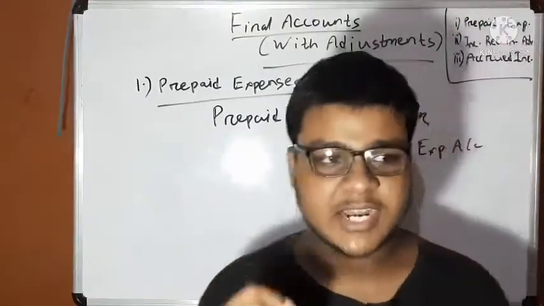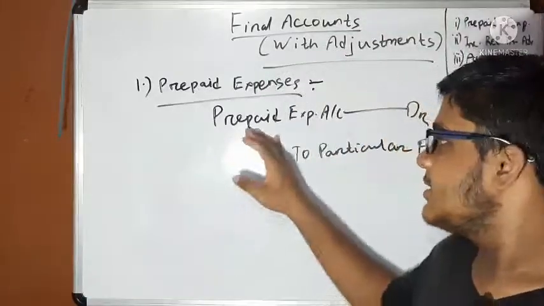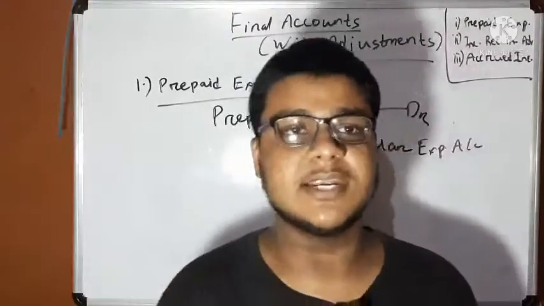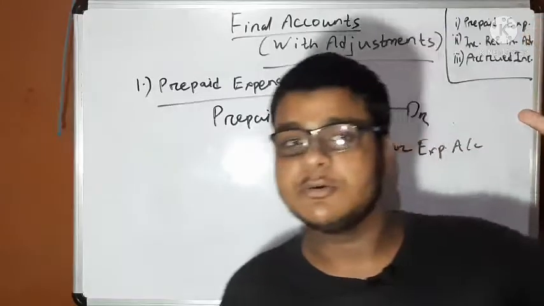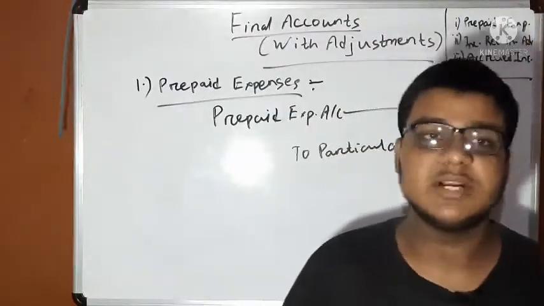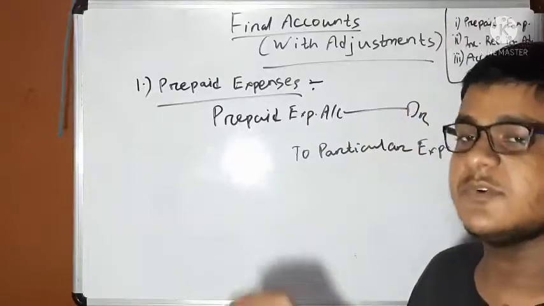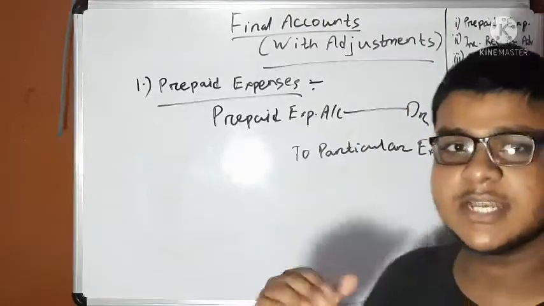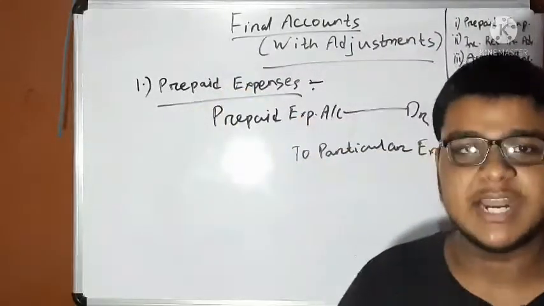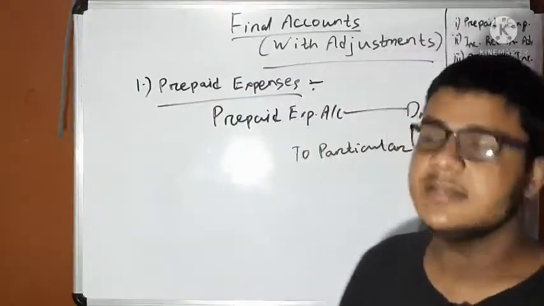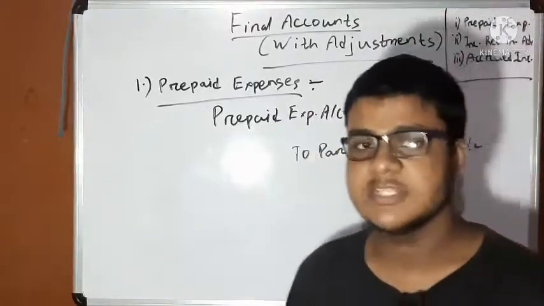So when the final account is prepared, this prepaid expenses is to be deducted from that particular expense. So that particular expenses account is credited, because the prepaid expenses is to be deducted from it.